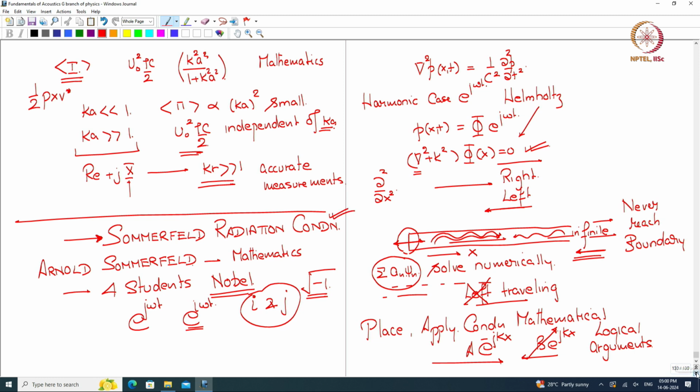Now let us start simple. Let us say I have a right traveling wave, and I am using the e to the power plus j omega t convention. So my right traveling wave is A e to the power of j(omega t minus kx).